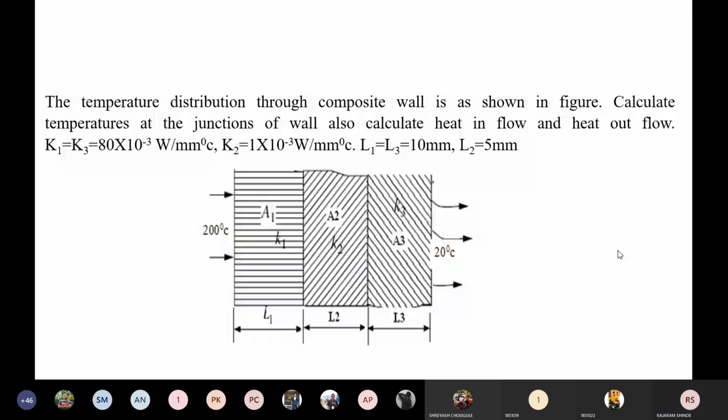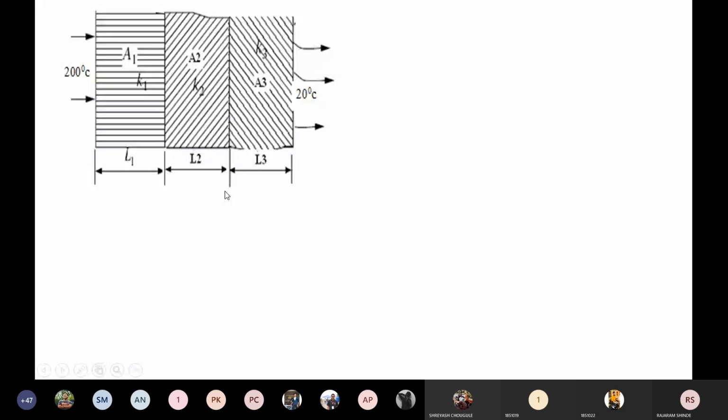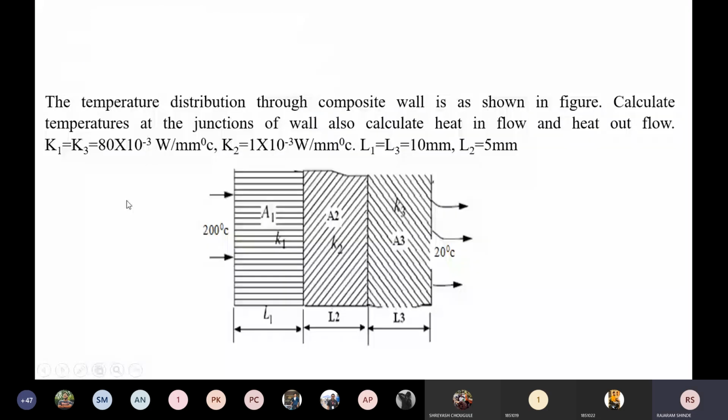Okay. Now I will go for the solution. Now see here, this is the problem. Here it is a composite wall, made up of three materials. This is the first material having conductivity 80 into 10 raised to minus 3.